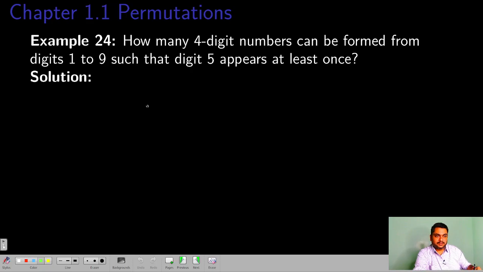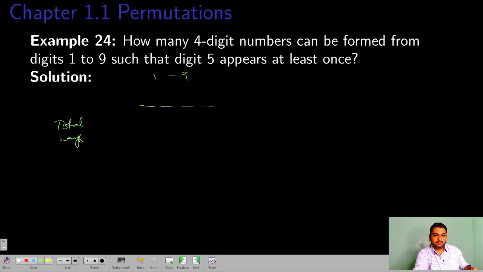Next, how many 4-digit numbers can be formed using the digits 1 to 9, such that 5 appears at least once? When you see at least once, what do you have to do? It's a subtraction problem, right? So first you find the total ways.